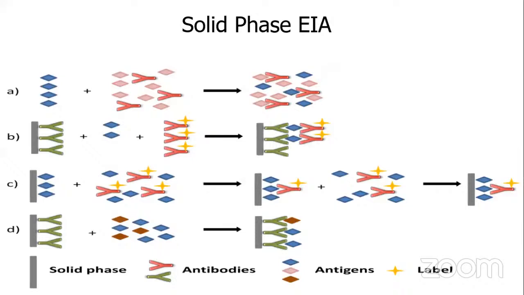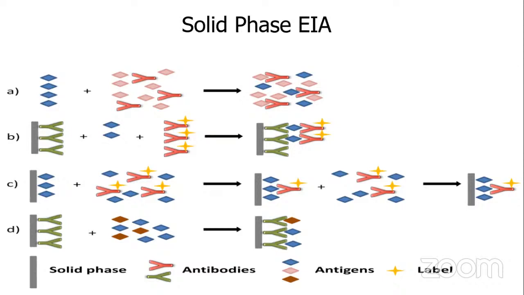Now, if this monoclonal or polyclonal antibody is immobilized, let us say on a solid surface, as shown here, the Y-shaped molecule is the antibody. Then if you have an antigen in two forms, one labeled, another unlabeled, you can set up a competition between labeled and unlabeled.